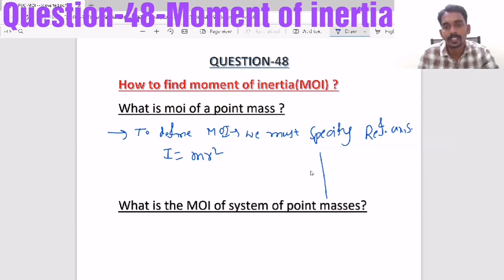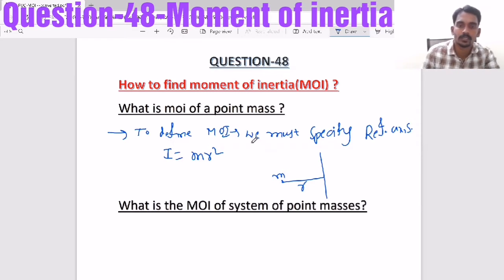Just like if this is the axis, this is the mass and this is the distance, then the moment of inertia is mr square about this particular axis. About different axes, the moment of inertia will be different. So moment of inertia depends on mass and radius, and the unit is kg meter square.